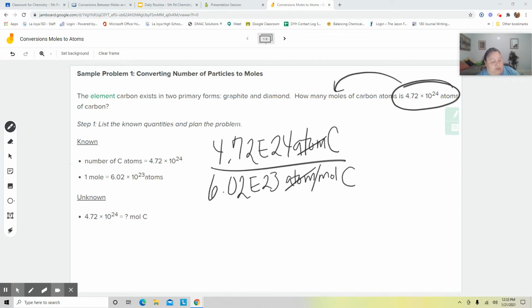Oh, not 4.74. 4.72. Okay, right? Now, do you see that double E next to the number 1? It's kind of a little blurry to see, but there's a double E next to the number 1. Click on it. And then you're going to put what comes after, which in this case is 24. You should see this, guys.